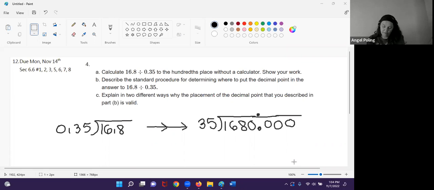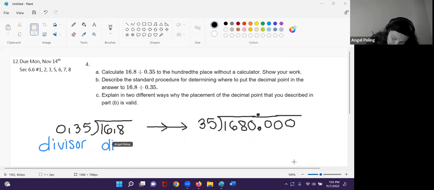The dividend. Just as a reminder, vocab: we've got the divisor, that's the one doing the dividing. The dividend, and that's the one being divided into. And then the answer, that's the quotient.